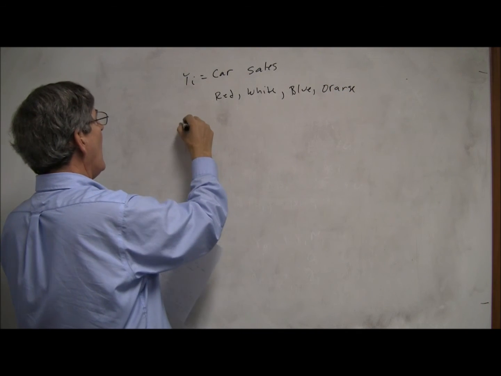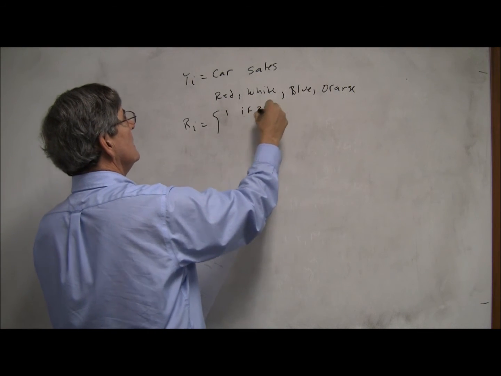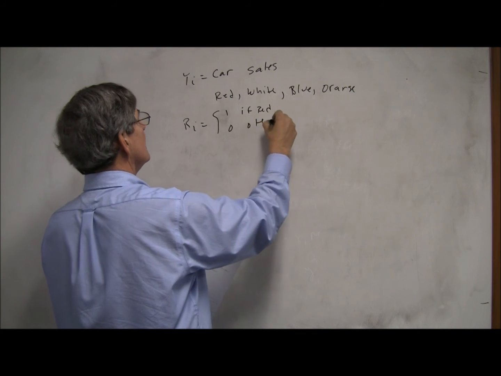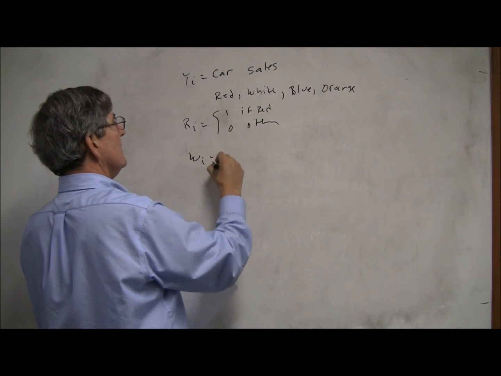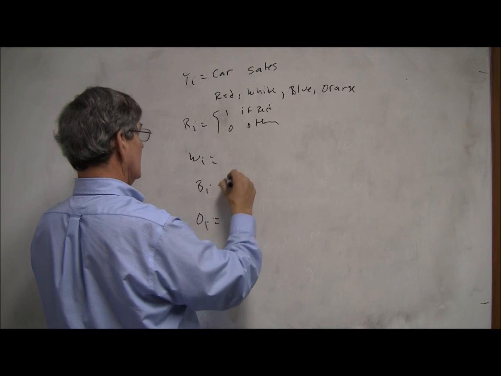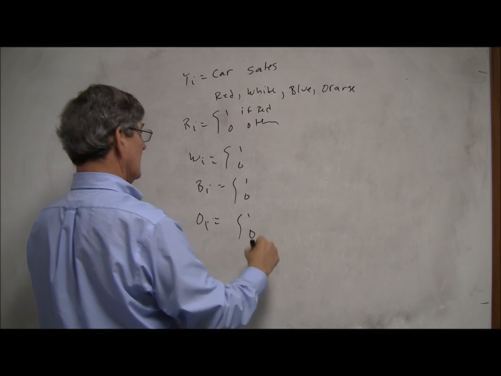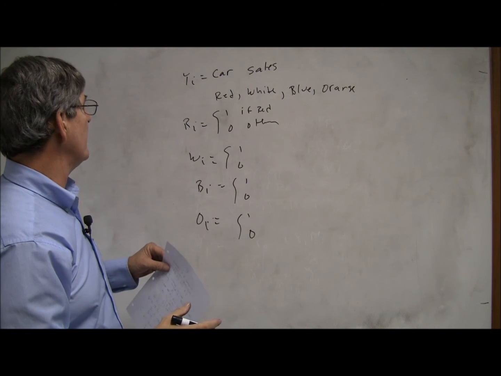Then you could have Ri equals 1 if red, 0 otherwise, Wi, Bi, Oi, 1, 0, 1, 0, 1, 0. All the cars are one of those four things.